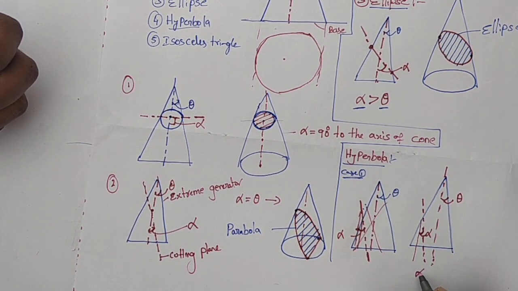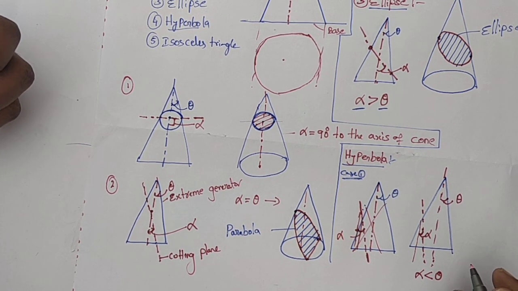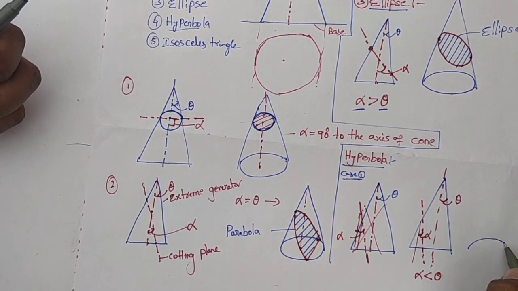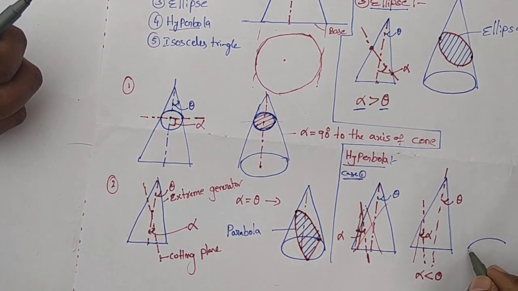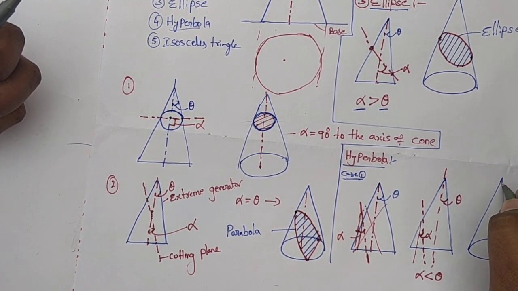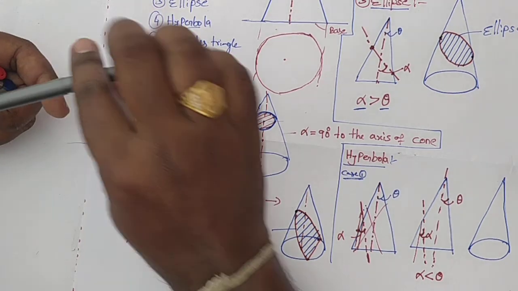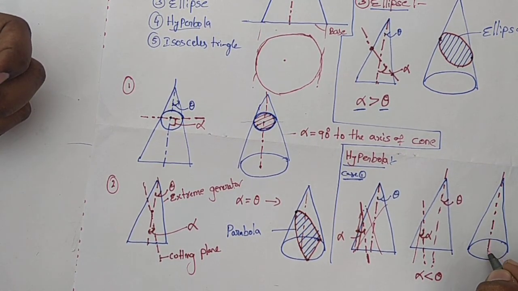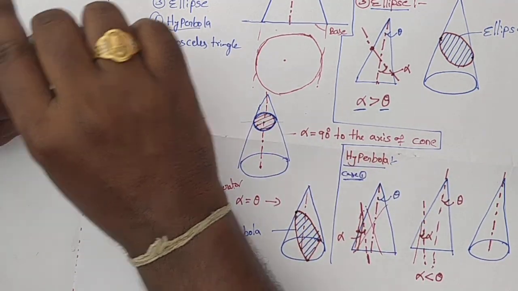This angle alpha is less than theta. Due to this, one curve is formed. That curve is known as hyperbola. It is case 1.